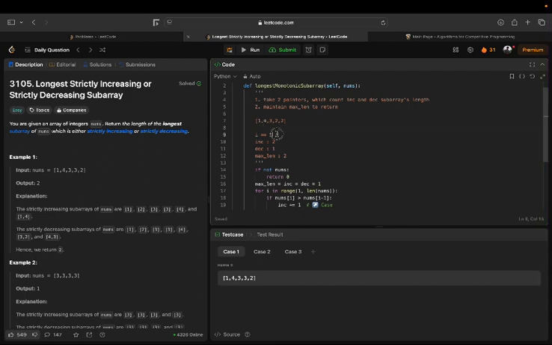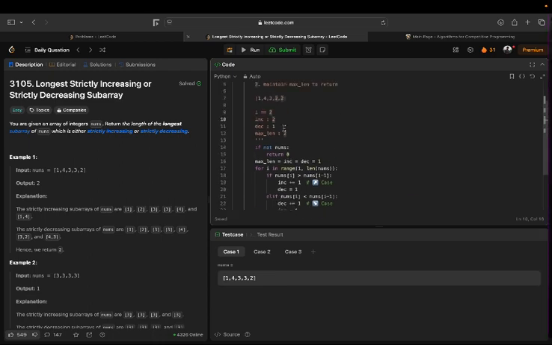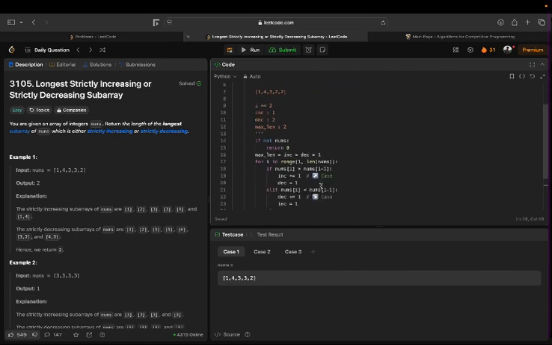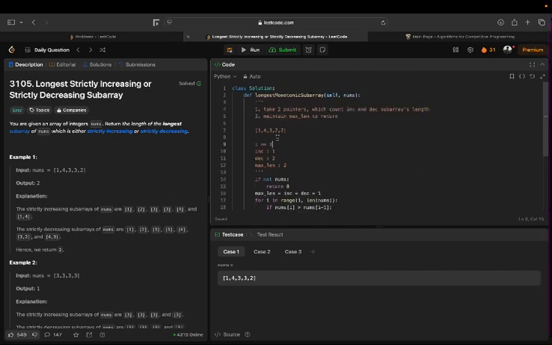Now at i equals 2, this is decreasing, so decreasing gets 2, increasing is reinitialized to 1, and max length will be 2. Now at i equals 3, these two are also decreasing, so we increase decreasing, increasing remains 1, and max length gets updated to 3.